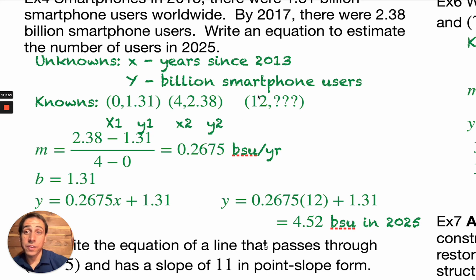And then if you're going to figure out the number of users in 2025, you take the x value of 12, put it into the equation here, and it looks like this. Calculate it all out, and you get 4.52 billion smartphone users in 2025. I wouldn't be surprised if we got that already.